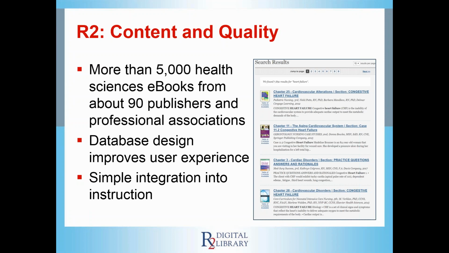There is a database design, so again, this improves that user experience, which I think goes hand in hand with the quality of the content. There's also a very simple integration into instruction, so it's easy to get these materials into nursing instruction.